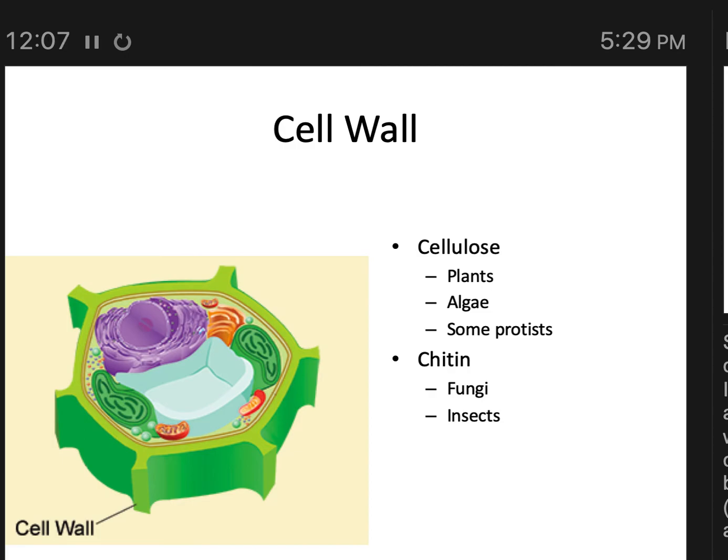Okay. Now, I'm also noting in the slide that insects have chitin, but it's not around each cell. So it's not a cell wall. For insects, it's not a cell wall made out of chitin, but rather their exoskeleton. So you know how insects have their skeleton on the outside instead of on the inside? So that hard outer shell on insects is their exoskeleton, and that's made out of chitin as well, which is just sort of interesting because insects and fungi are the only two places that you find chitin in nature.